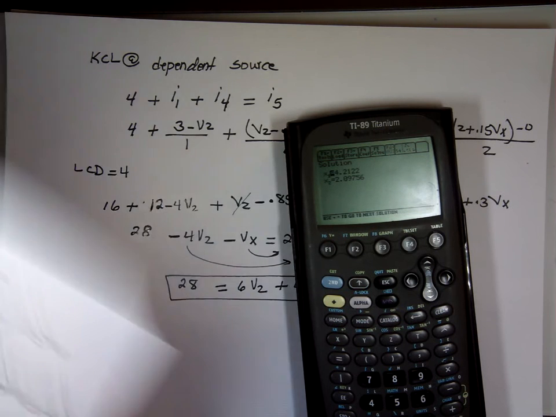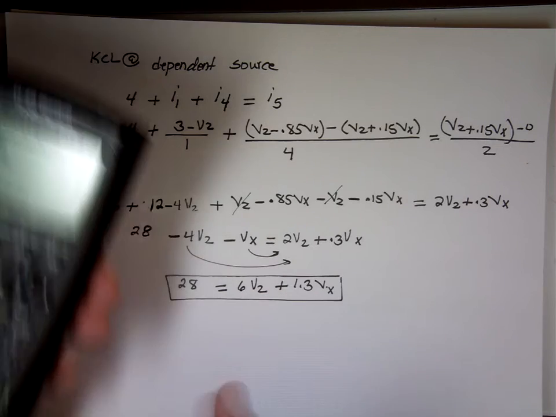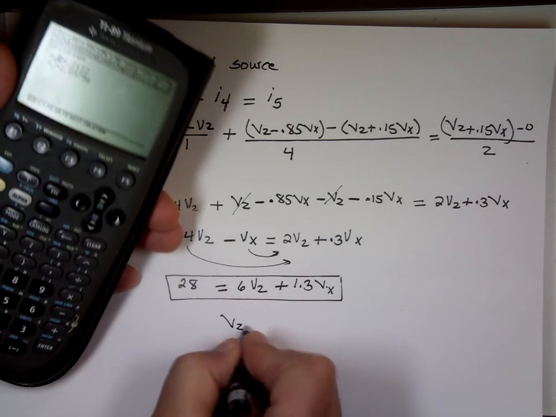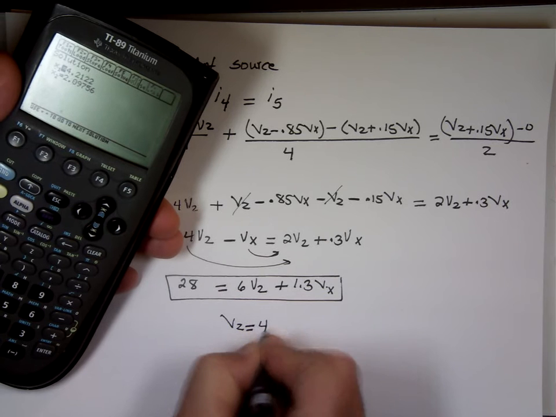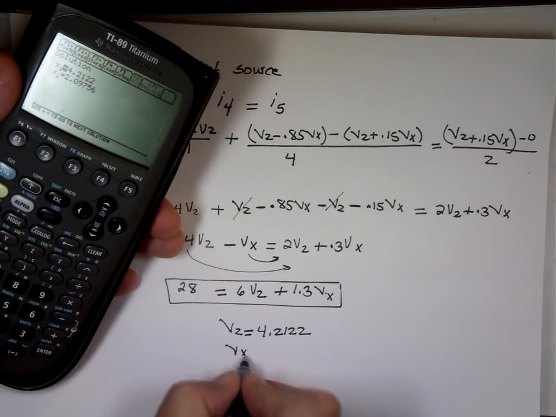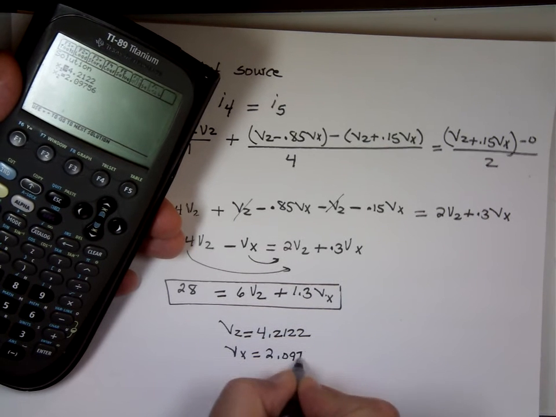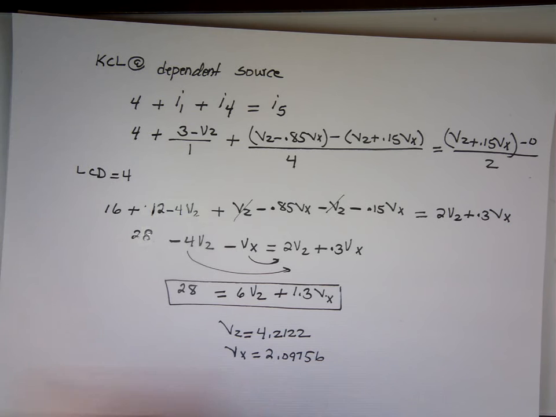And there's V1 and Vx, or was it V2 and Vx? V2 equals 4.2122, and Vx equals 2.09756. The question was, what's V1, V2, and V3?